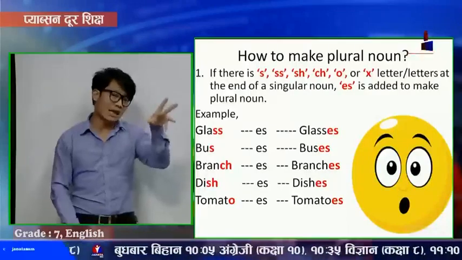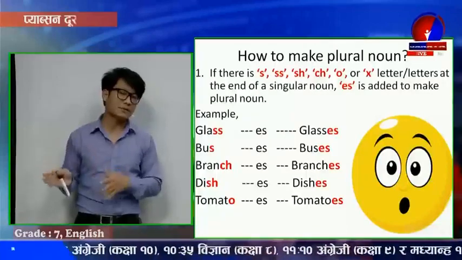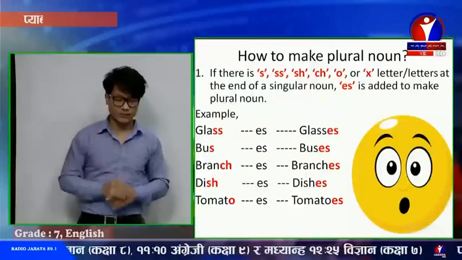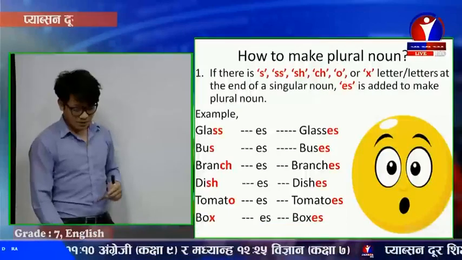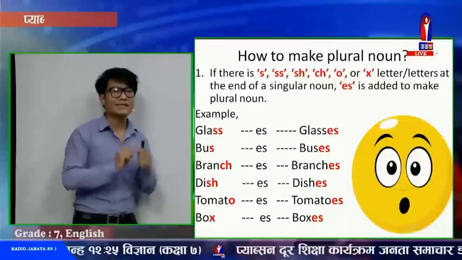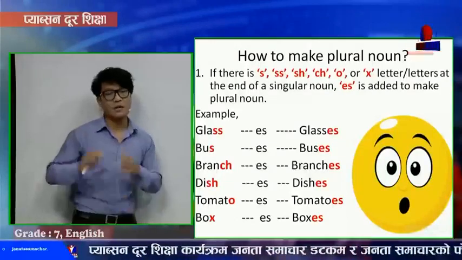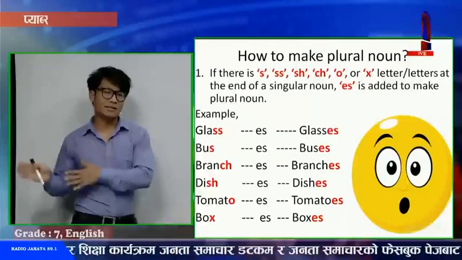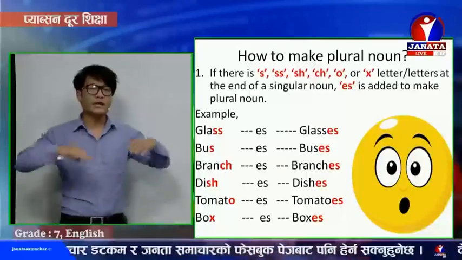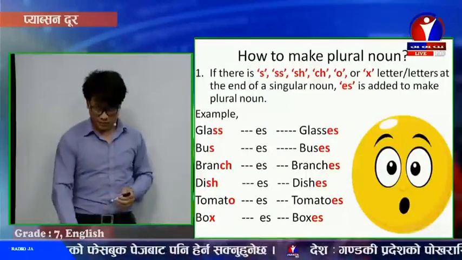So last letter is o, so we need to add here es and it becomes tomatoes. Now let's have another example. Box. X letter is there, so we add es and now it becomes boxes. So this is how we form singular noun into plural noun.